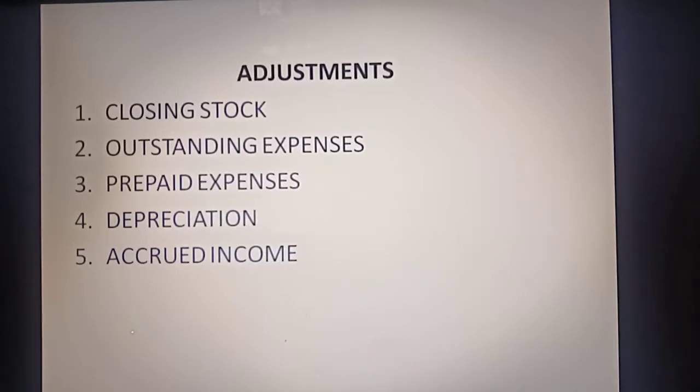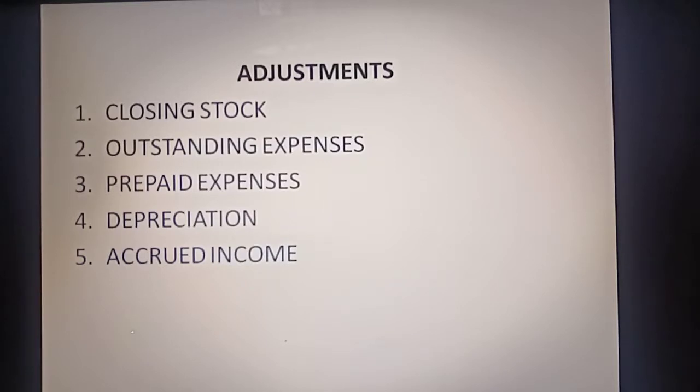Similarly, it often happens that certain income like interest, dividend, commission, etc. are earned but not received during the year. Adjustment for such income must be made in the current year itself so that the profit and loss account may disclose the correct amount of net profit or loss, and the balance sheet may present the true financial position of the business.